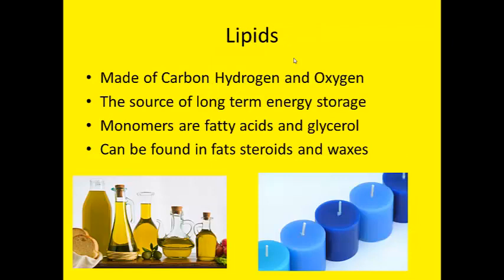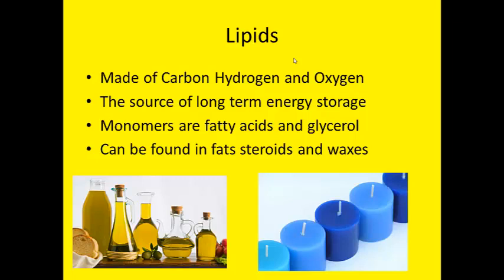The next macromolecule is lipids. We talked a little bit about lipids when we talked about the phospholipid bilayer of the cell membrane. Lipids are made of the same things, carbon, hydrogen, and oxygen. They're just bound differently. They're more compact, the bonds between the carbon, hydrogen, and the oxygen.